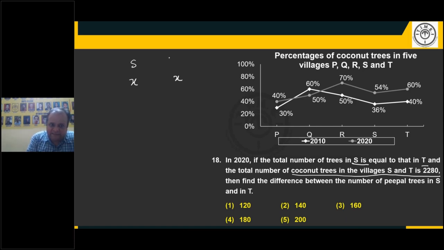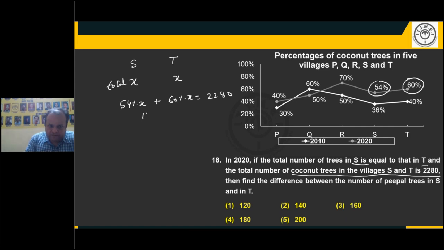At S as well as T, let's say the total was X. Now, can I say then coconut trees at S will be 54% of X, and at village T, the coconut trees will be 60% of X, and this value is 2280. Why have we taken 54%? Because for 2020, S is 54% coconut trees and T is 60% coconut trees.